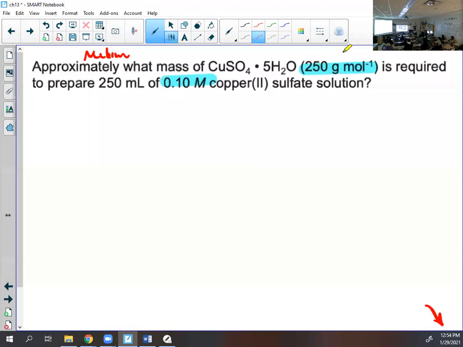All right, this thing means attached to. Some substances absorb water from the environment and that makes them more stable. So they're called hydrates.